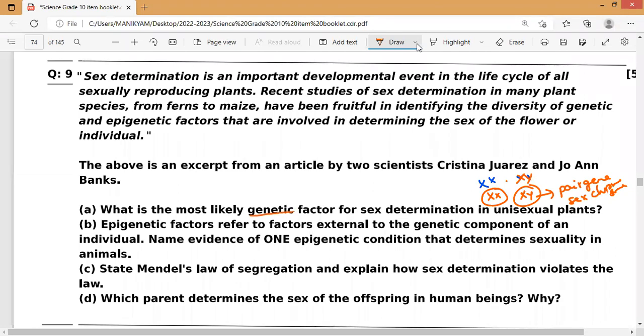What is the most likely genetic factor for sex determination in unisexual plants? Sex chromosomes are responsible for the determination of unisexual plants.